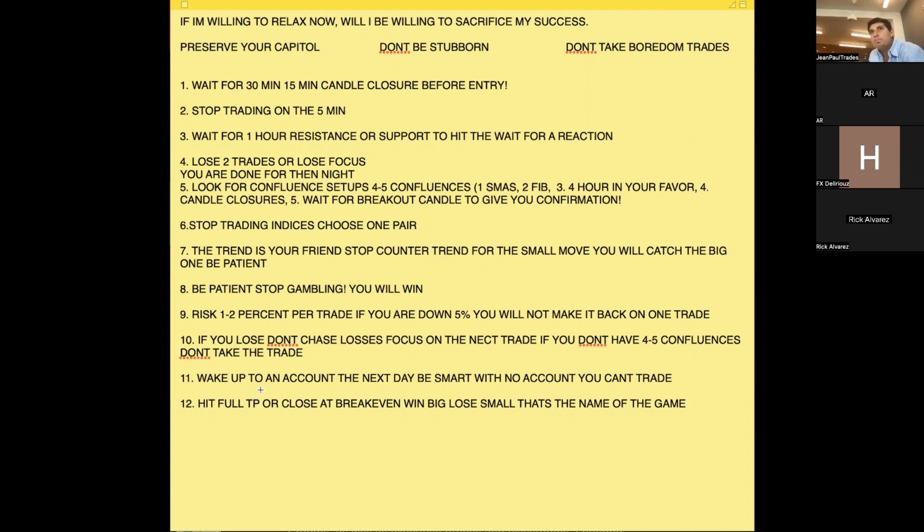I'll turn my SMAs on when I'm looking for that fourth or fifth confluence. If I'm unsure, or I want that extra confidence on my trade, then I'll turn it on. But I stopped using SMAs. They're good, they're nice. There's nothing against them. I have nothing wrong with them, but it's just not part of my strategy anymore.